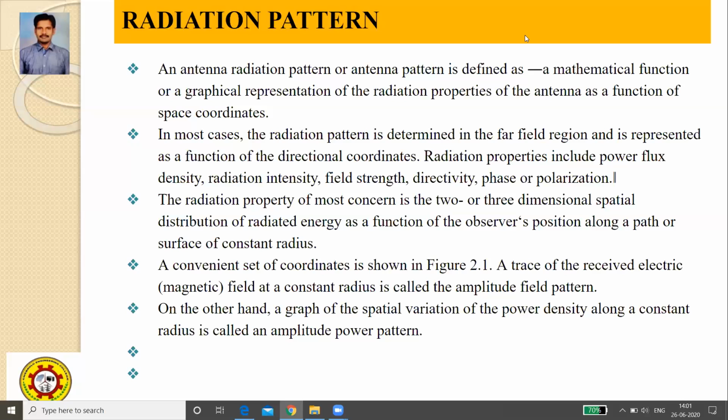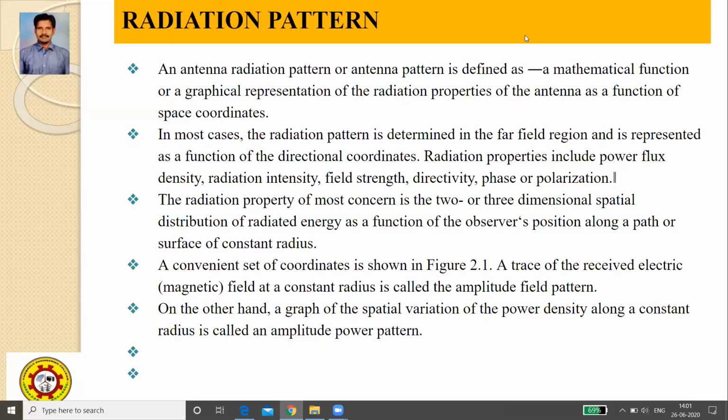In the amplitude pattern, the trace of the received field, generally the electric field or magnetic field, is plotted at a constant radius. The resulting trace is called the amplitude pattern.